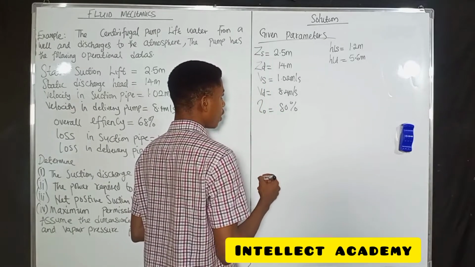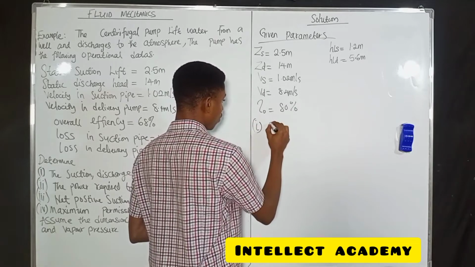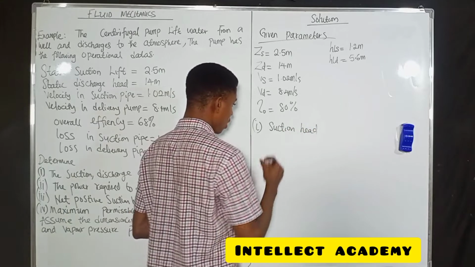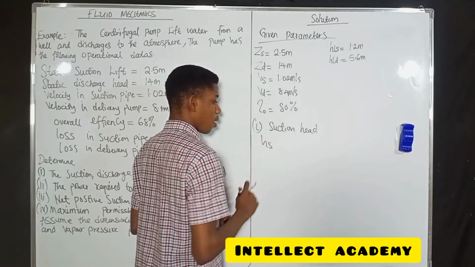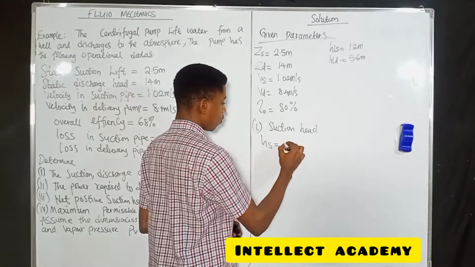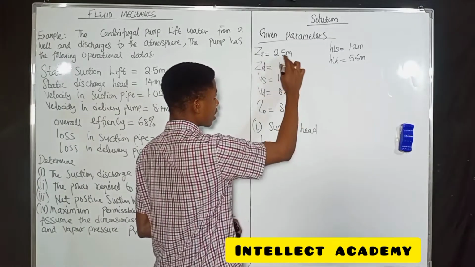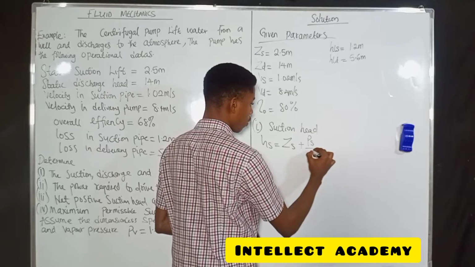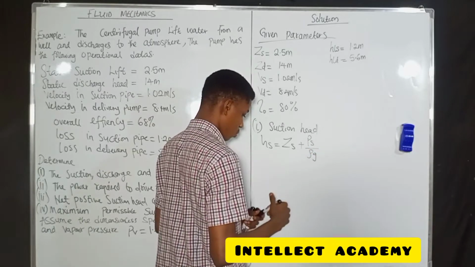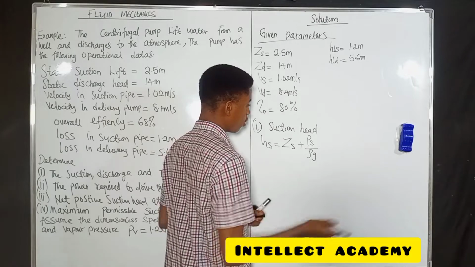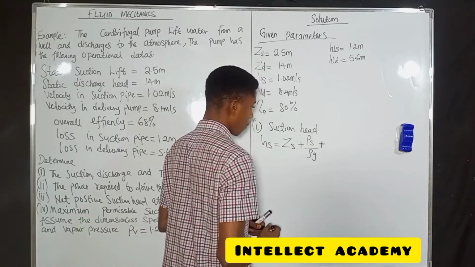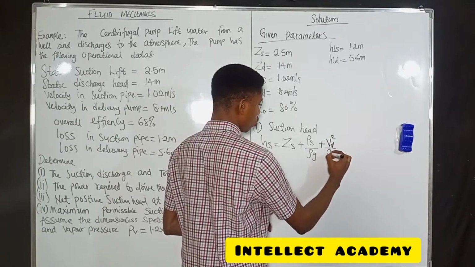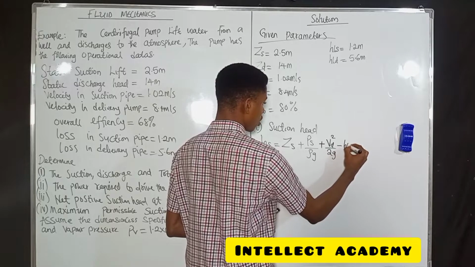So we're going to find our first one, which is I. We're looking for the suction head. We know that the suction head, HS, is equal to Zs, the static suction head, plus the pressure over rho g, plus the velocity term Vs squared over 2g, negative HLS.